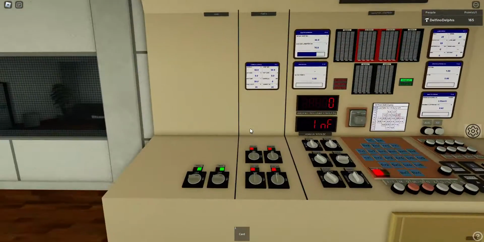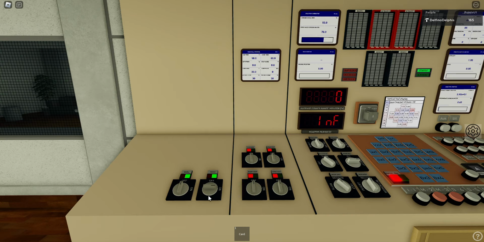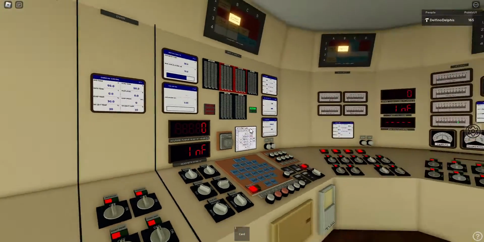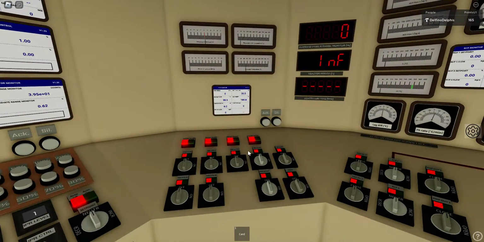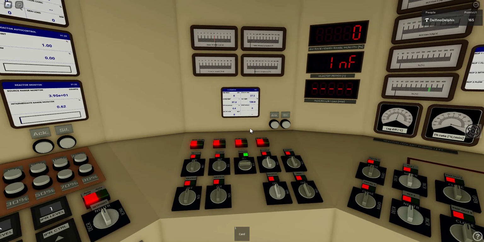What I want to start with is disabling the residual heat removal system. At this moment, this is very simplified, just two switches, and I will enable the startup heater. As the startup takes a little bit of time, I want to do it now.